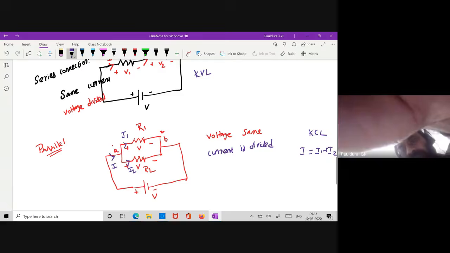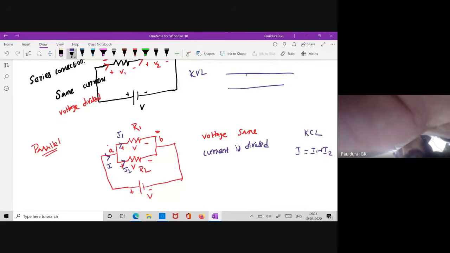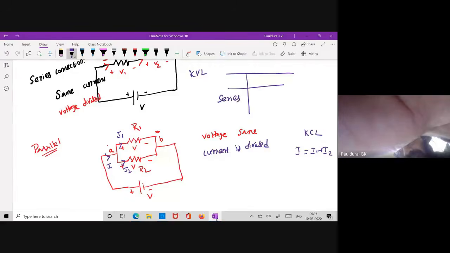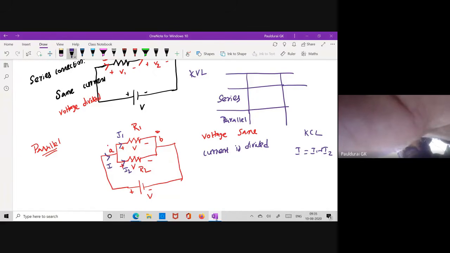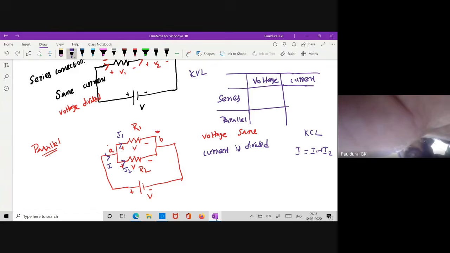Now make a tabular column, just for your reference. This is series, and this is parallel. Take the first column, this is voltage, and this is current. Now can you fill the tabular column?